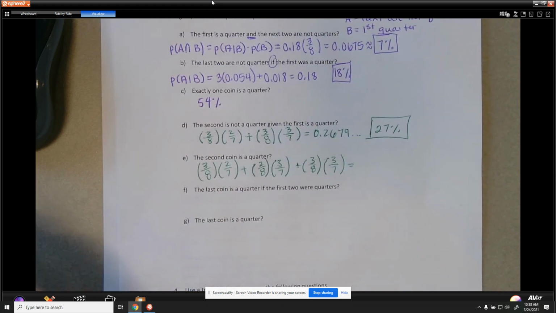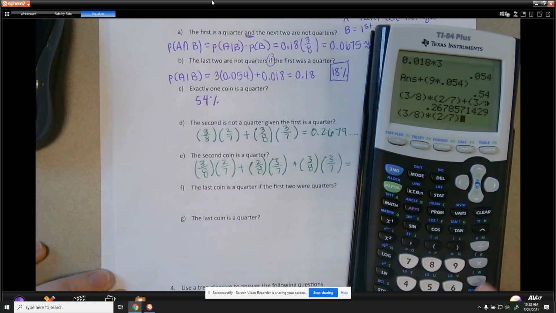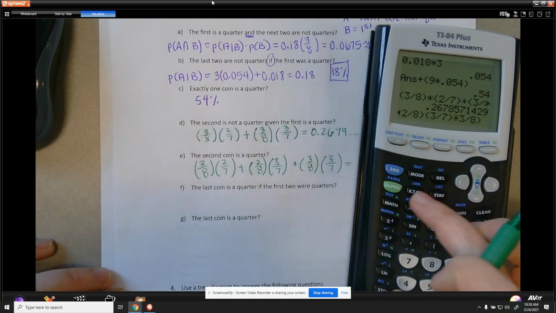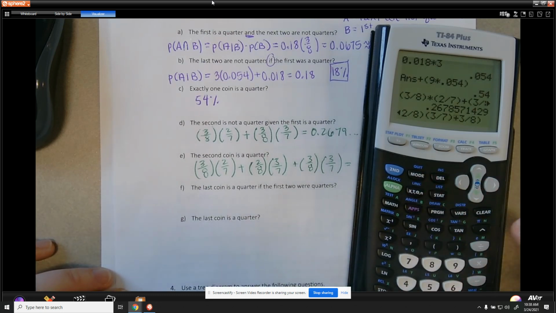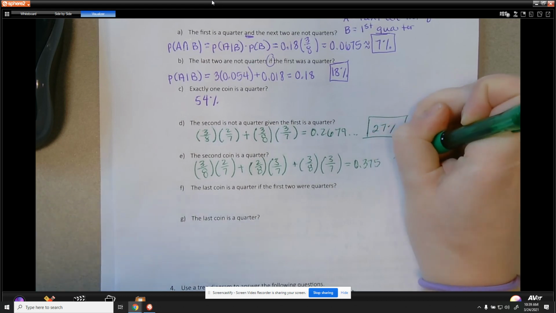Okay, so let's add all those up. There we go. 0.375, which is about 38%.